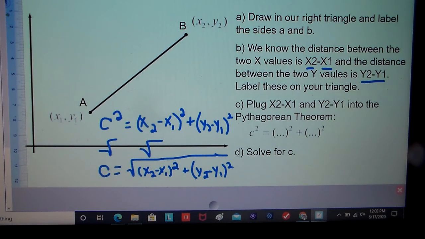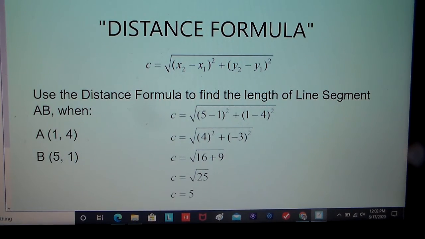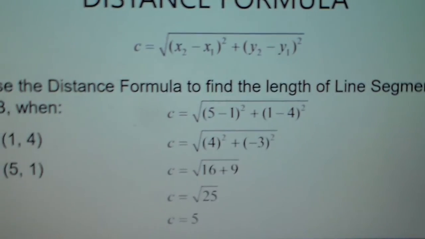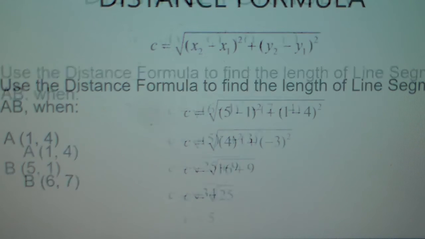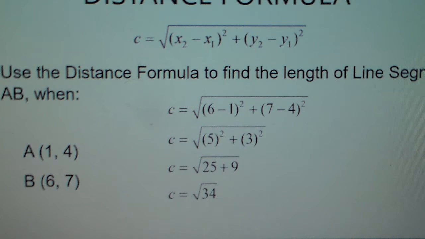And that's the distance formula, like you see here. So let's zoom it back in. So that's the distance formula. The distance between A and B, you have 1, 4 and 6, 7 are your two coordinates, so we plug them in.